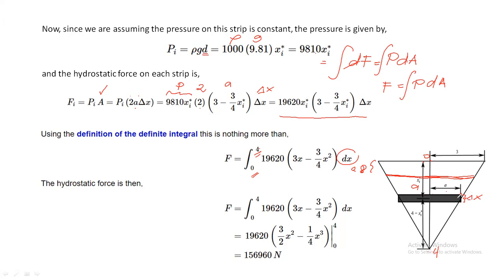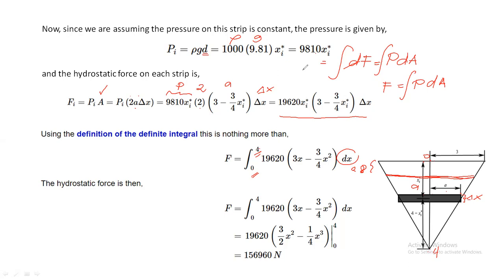JB said, Miss, the area is that of one triangular plate. True, because you have integrated from 0 to 4. But if you're just interested in determining, for example, the hydrostatic pressure until here, then it is the summation of these differential areas of the strips that you use in dividing this triangular plate, only up to where you want. But for the entire triangular plate, you use the limits 0 to 4.